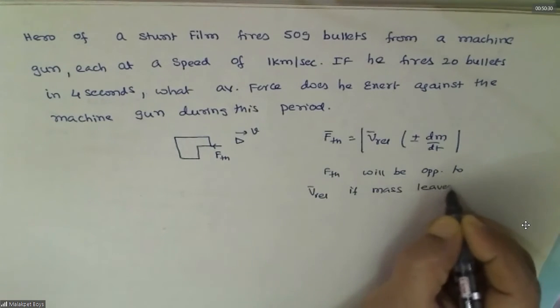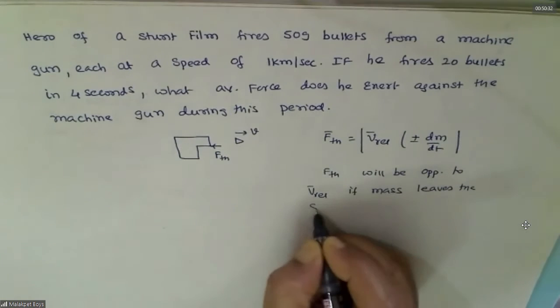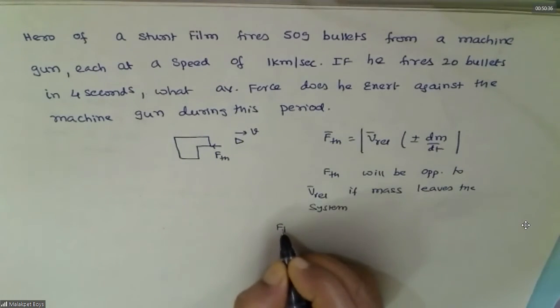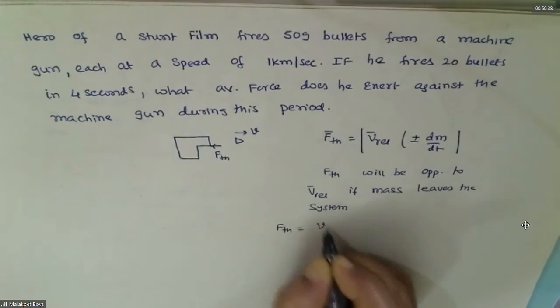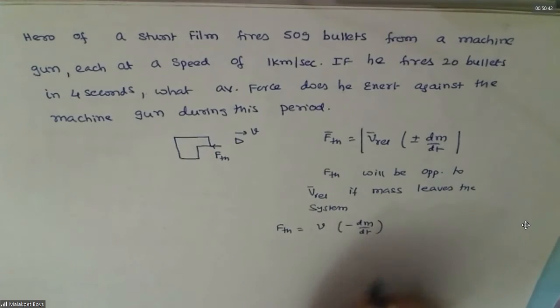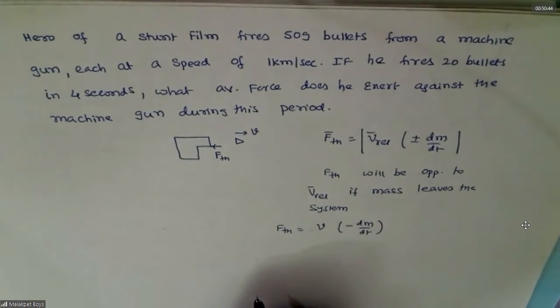Here mass is leaving the system, and the magnitude of that is the relative velocity times the mass leaving. Do you agree with this? Agree, sir.